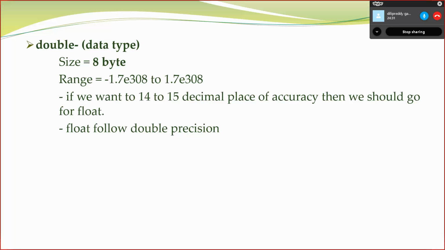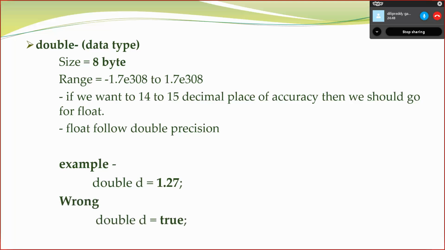Getting my point? Should I explain more? No, that's fine, I'm aware of this. So for example we have a double 1.27, and then we cannot define the true value, correct? Yes.